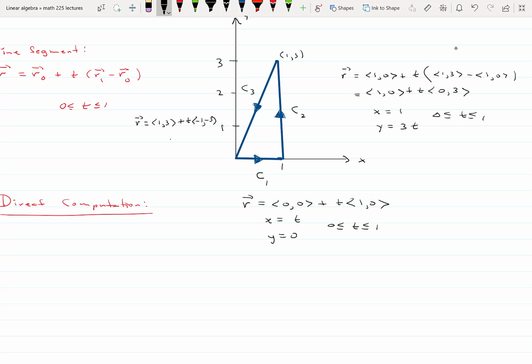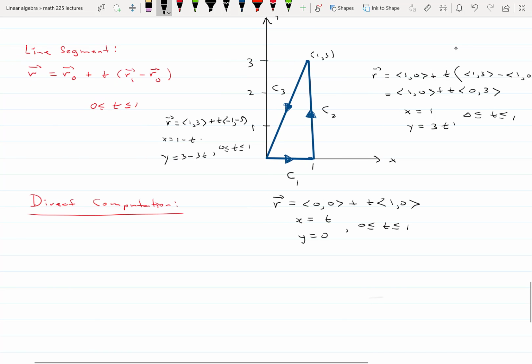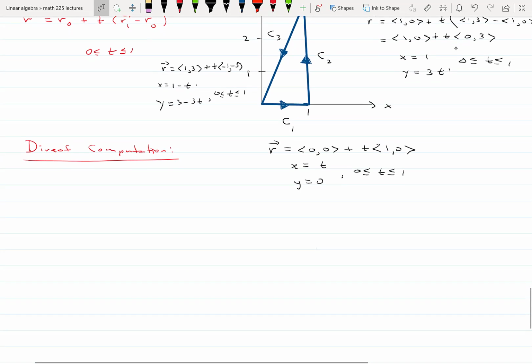Again, you can stop the video and verify this if you need. So this is 1 minus t for x and 3 minus 3t for y, where of course t varies between 0 and 1 in all three cases. And we haven't even started to evaluate the integral yet.